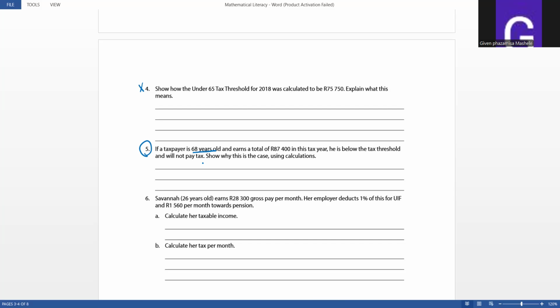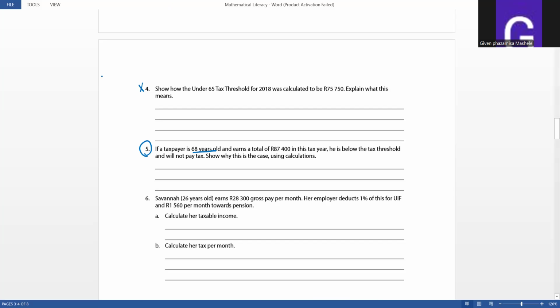Show why this is the case using calculation. We want to actually show why a person earning 87,400 in this tax year, at his age, will not be able to pay tax.